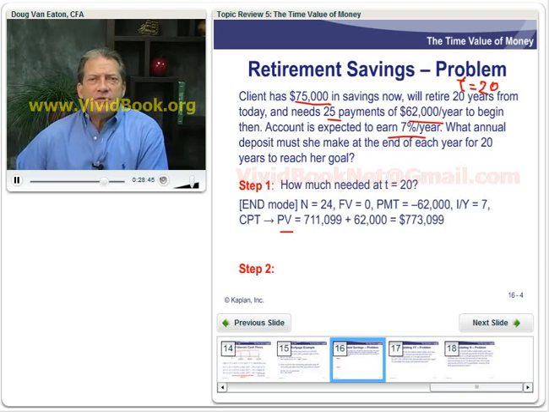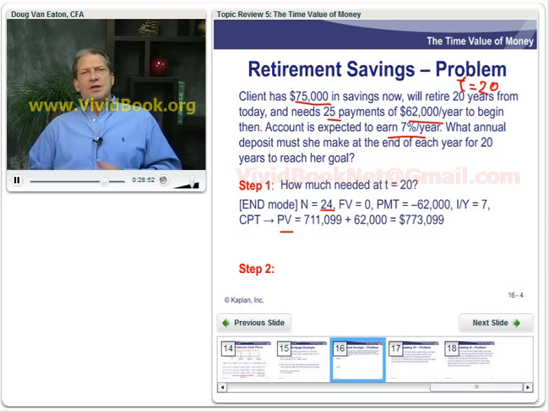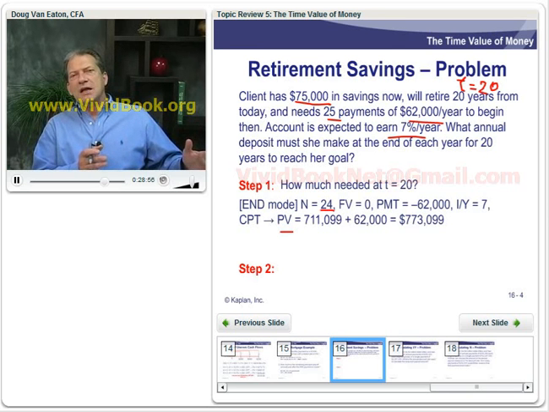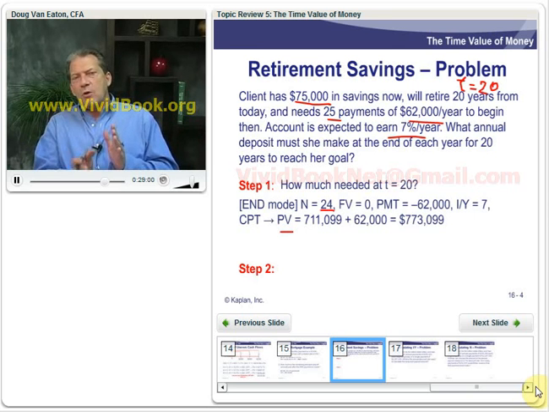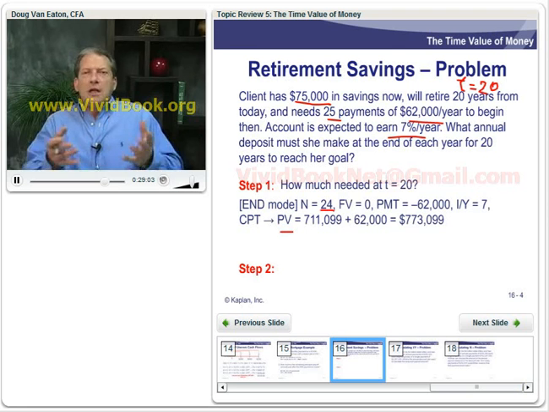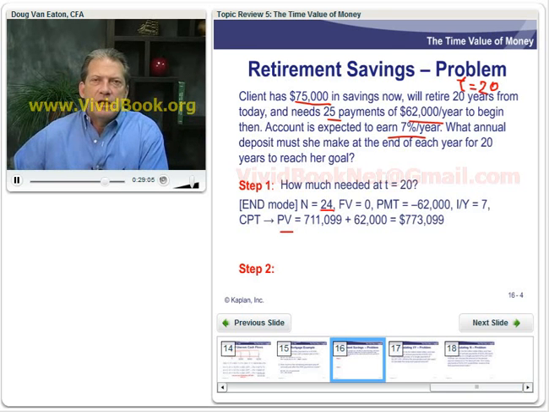Now, if we leave it in end mode, it'll calculate the time 20 value of 24 payments that come at time 21, 22, 23. Remember, in end mode, that present value function gives us the present value 1 period before that first payment, like an ordinary annuity. And so just as we did in one of our methods before, we'll calculate the present value of those 24 payments, and then we'll add the payment at time 20.